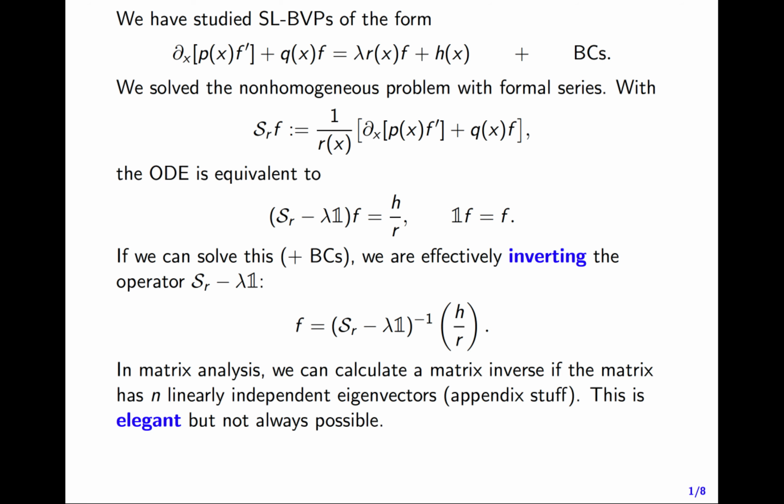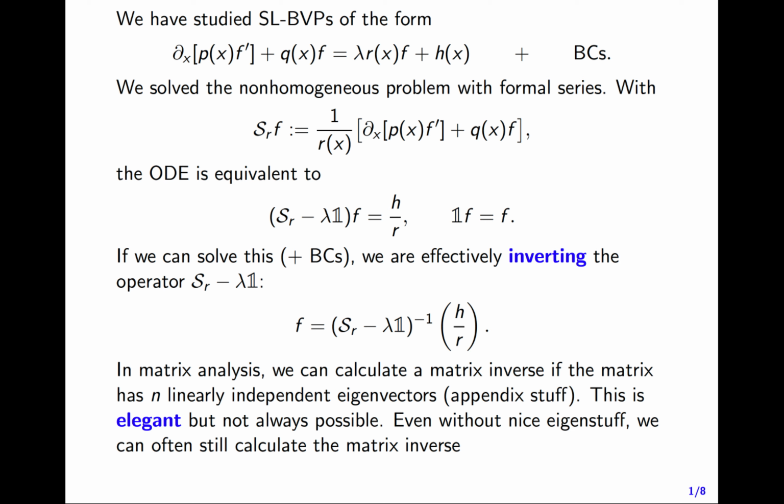And this is a very elegant way of doing it, I think, in that you get a very clear formula, without having to go through the mechanics of numerically grinding out the matrix inverse. But it's not always possible. Not all matrices have n linearly independent eigenvectors. Even without the nice eigentheory, we could still calculate the matrix inverse just doing it brute force.